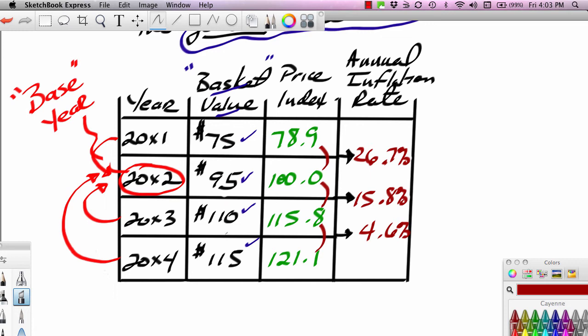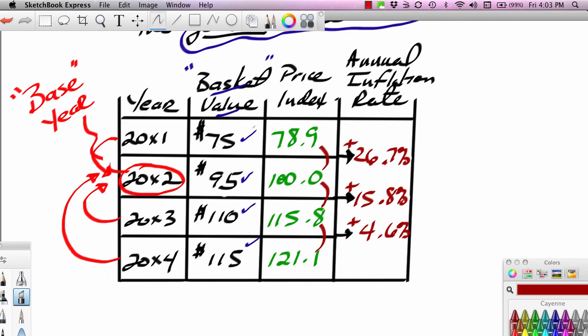It's increasing at a decreasing rate, and that's reflected here in these percentage changes. Remember, disinflation is inflation, but it's decreasing inflation. Disinflation is not deflation. Deflation would be where prices are actually decreasing, where these would be negatives, not positives.